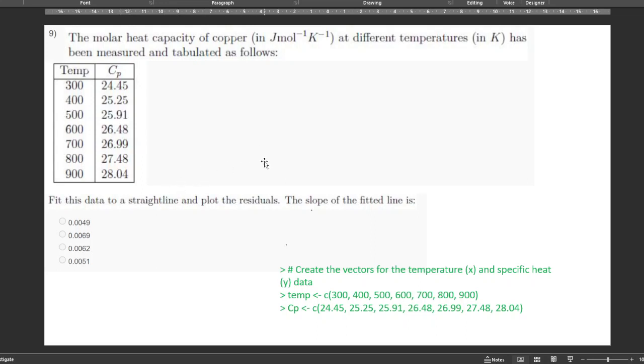Then they are asking us to plot the residuals as well. And they are asking for the slope of the fitted line.